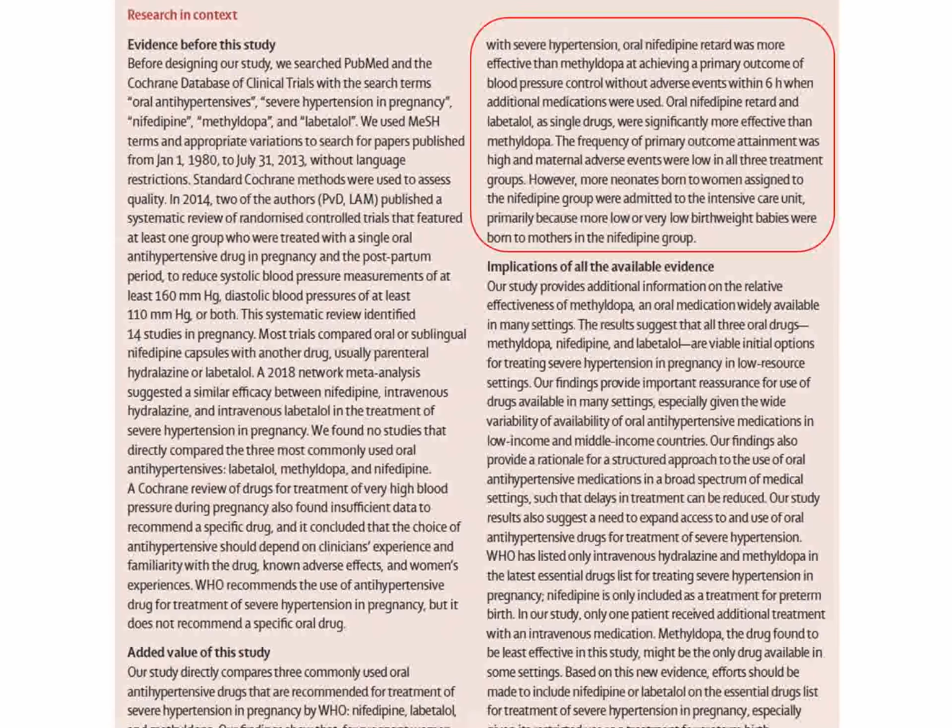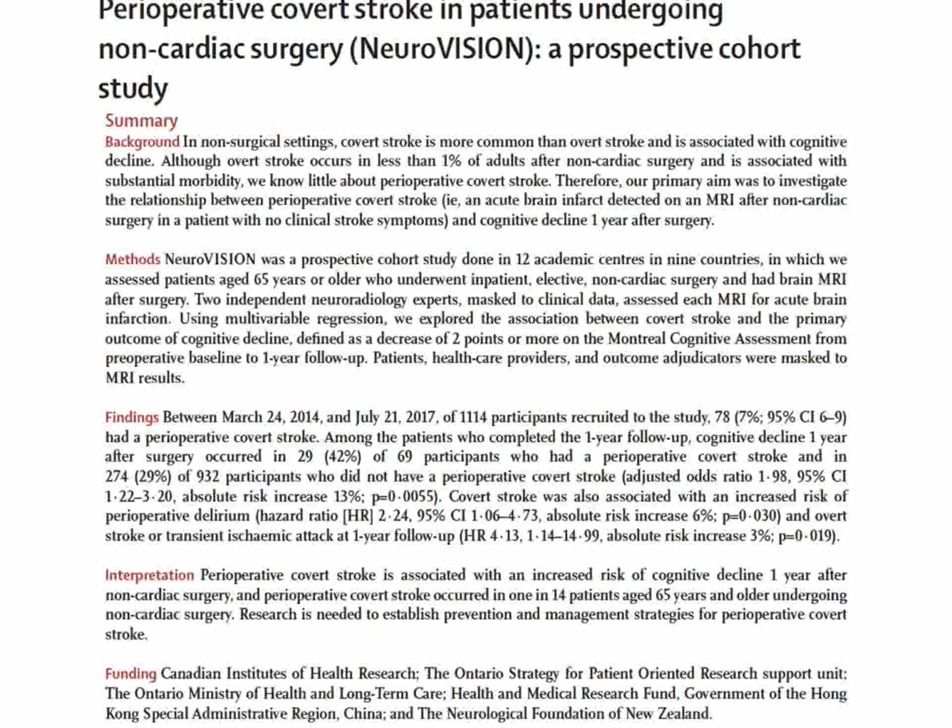But the downside is that the infants born to the mothers that received this particular treatment, low or very low birth weight babies were a bit more common in the nifedipine group compared to the other two groups.